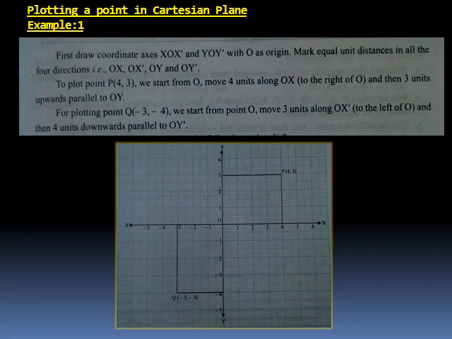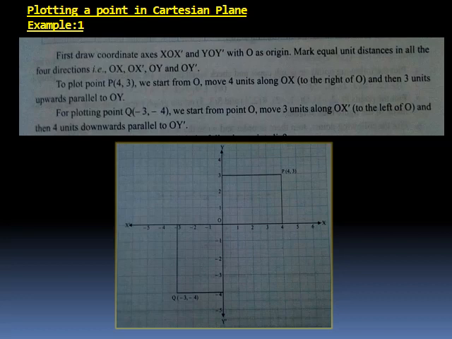To plot the point (4, 3), we start from O, move towards OX by 4 units to the right of O, and then 3 units upwards parallel to y-axis.